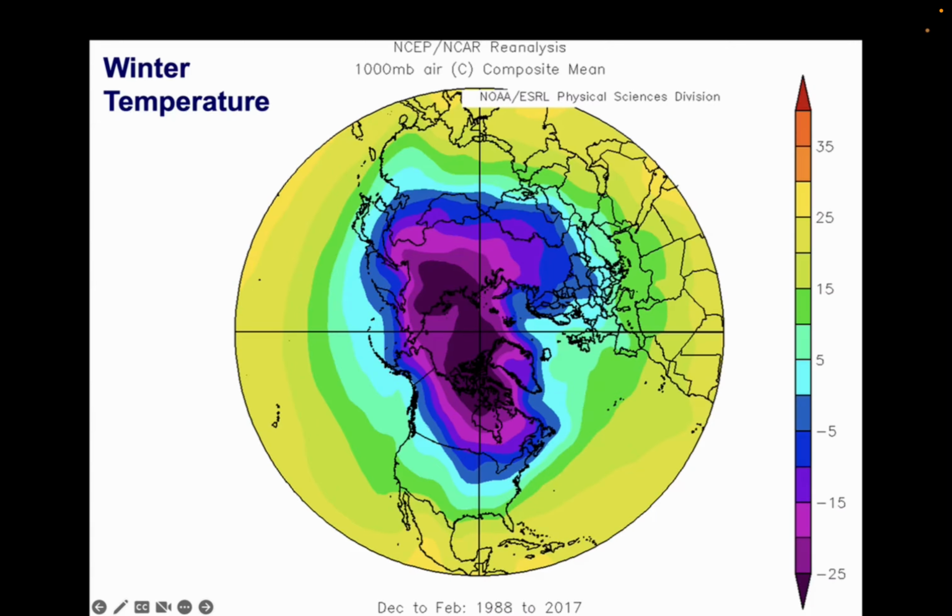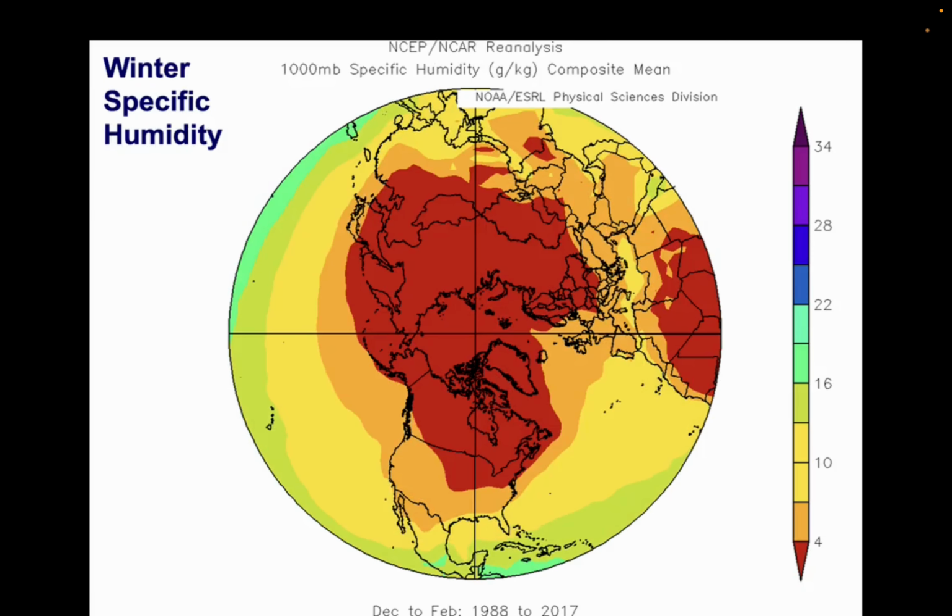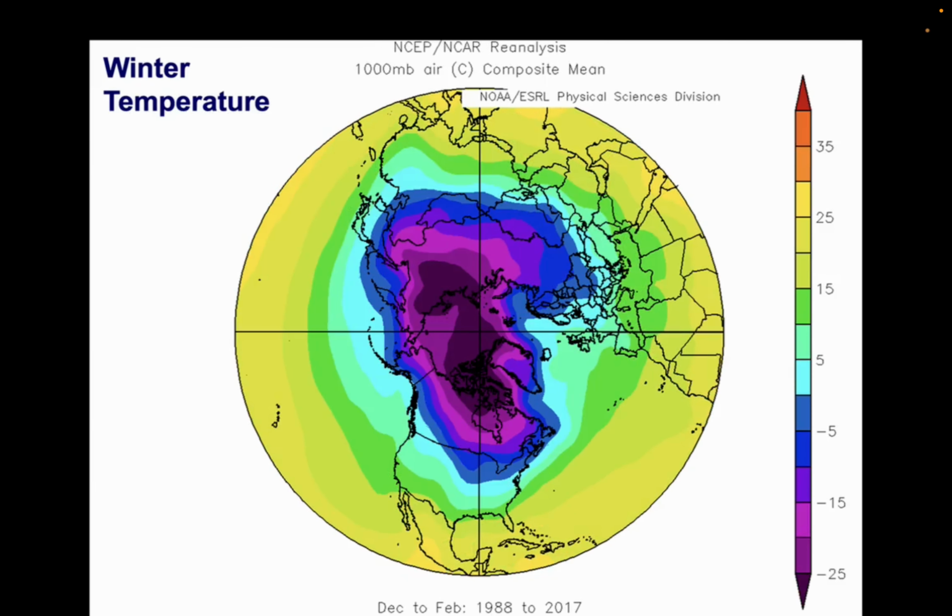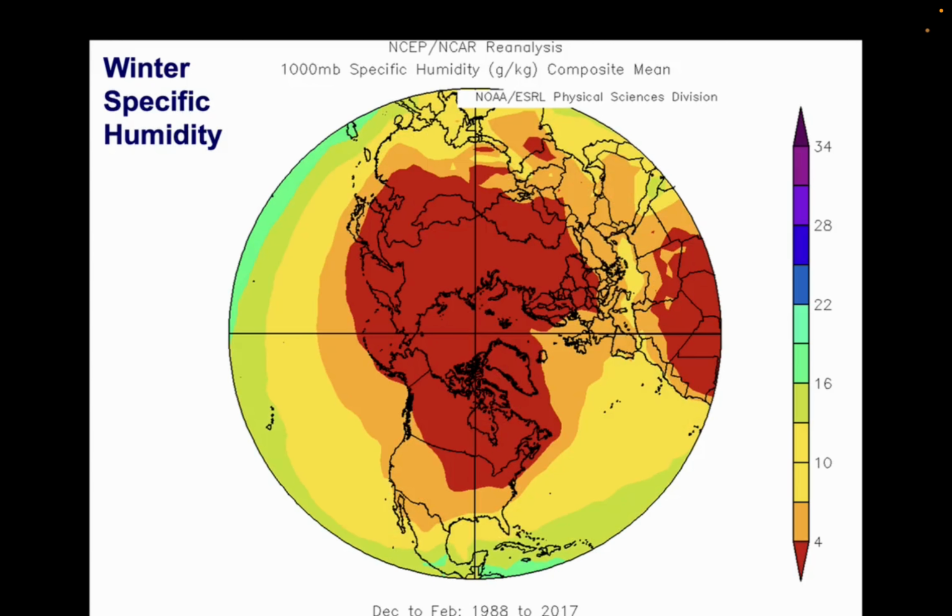So the two very important variables for air masses are temperature and specific humidity. Both temperature and specific humidity change with the seasons, so the air masses are also changing with the seasons. For instance, the type of air mass that dominates Atlanta and surrounding areas is much different during the winter season compared to the summer season.